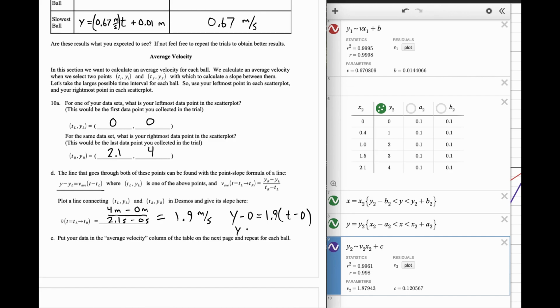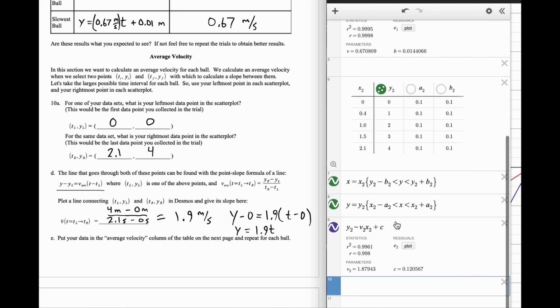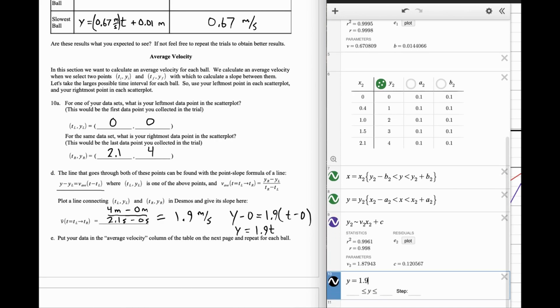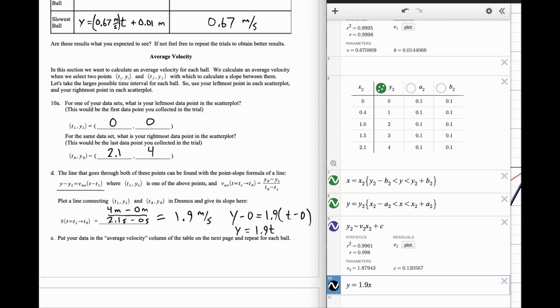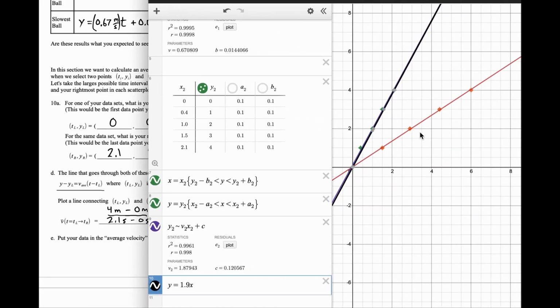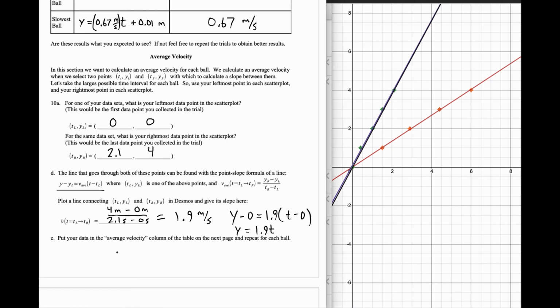So in other words, the equation is y equals 1.9t. You can plot that in Desmos. Y equals 1.9, but you gotta switch it to x. You can see how close they are, but the regression is better. The regression is the preferred way to do it, just so that's clear.